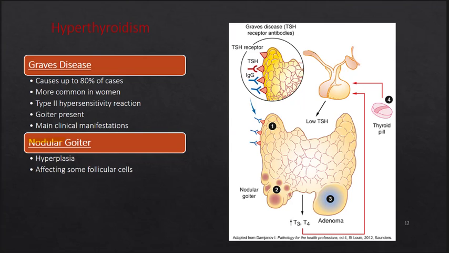Now, unlike Graves' disease, nodular goiter is not an autoimmune condition. There are quite a few different types of nodular goiters, but we're not going to get into the details. But you can see that hyperplasia does exist. In this case, a goiter is formed, and this is when some follicular cells don't return to their normal state.